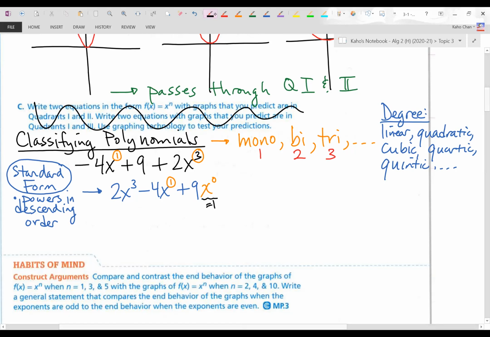Some more vocabulary. After you put the polynomial in standard form, this particular trinomial, in the first term there's a number in front of the x. That's called the leading coefficient. We all know what coefficients are. This is the one that happens to be the one that's leading. The degree of the polynomial is next.